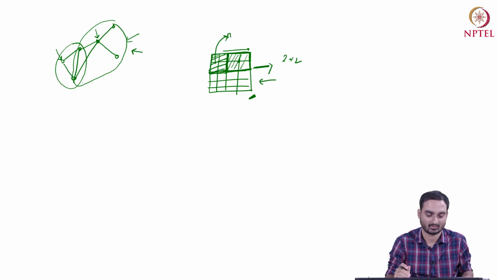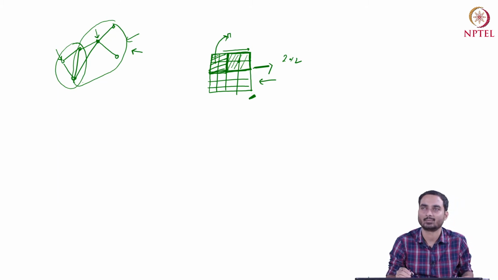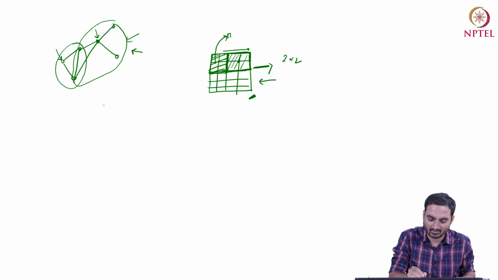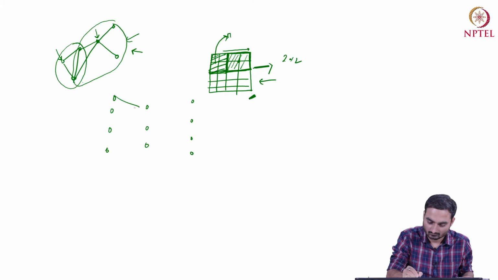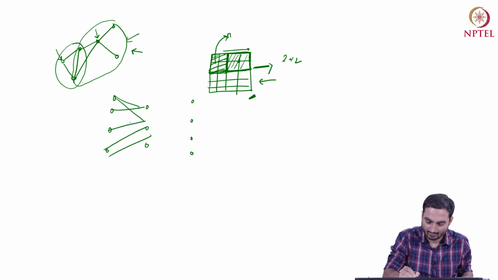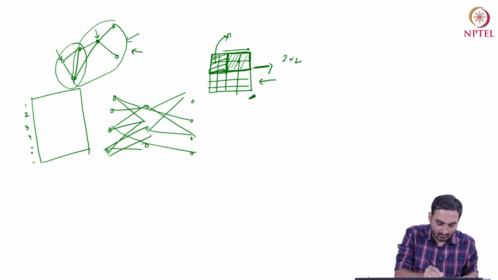So, one can think of a normal feed forward network, say a 2-layer network, and you can say, okay, let us think of the adjacency matrix here, with 1, 2, 3, 4 to n along rows and columns.